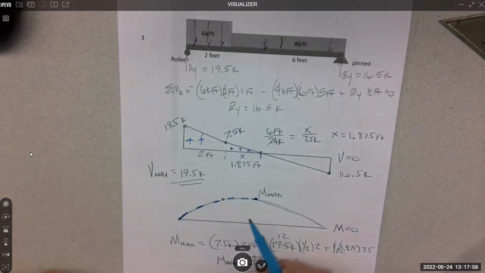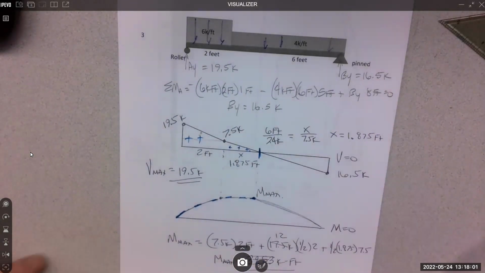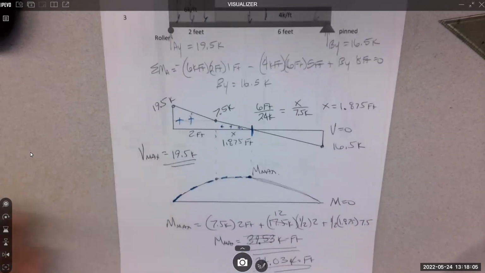So it's curling over, maximizing where the shear goes to 0. So again, you had to find that X location, using a big triangle and a little triangle.